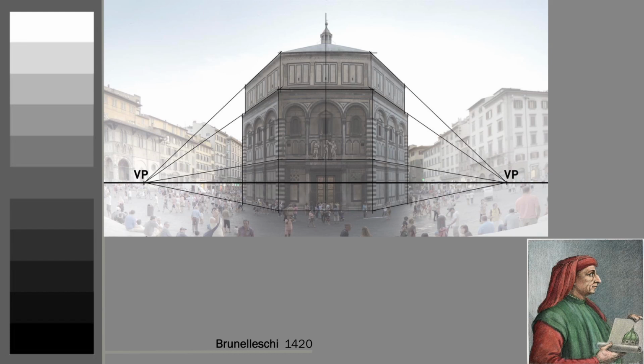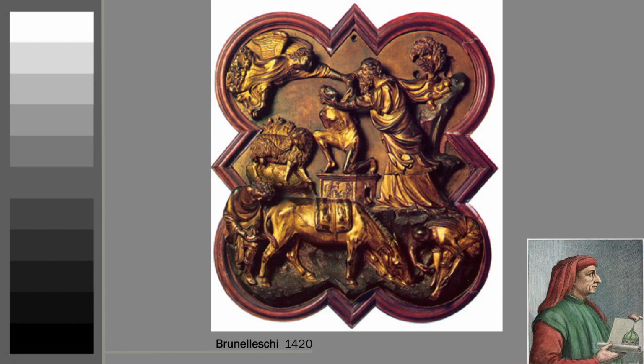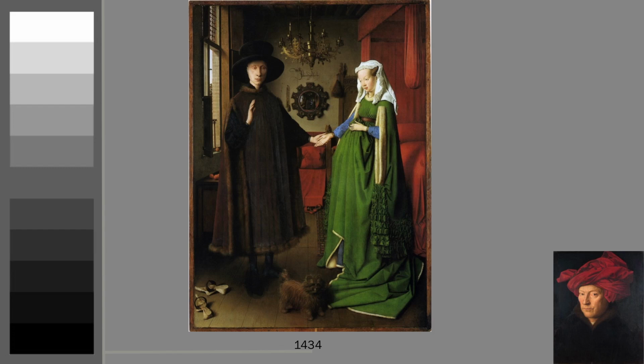So linear perspective and shadows go hand in hand together. Well, this is just a detail from the door here, where there are panels. There was a competition in 1420 to develop these panels, and Brunelleschi actually won, and these are the panels he designed. And what you have is foreshortening here. Some objects look bigger than others, okay, to create the illusion of depth.